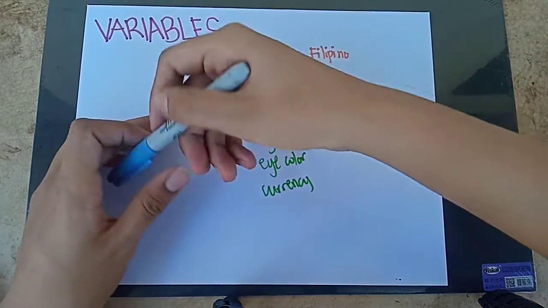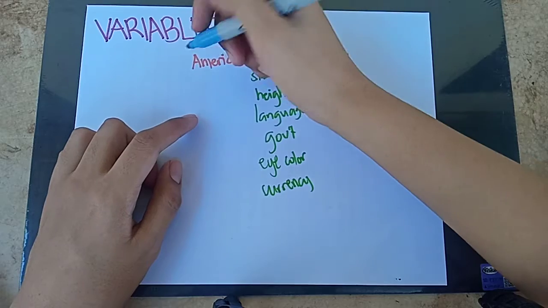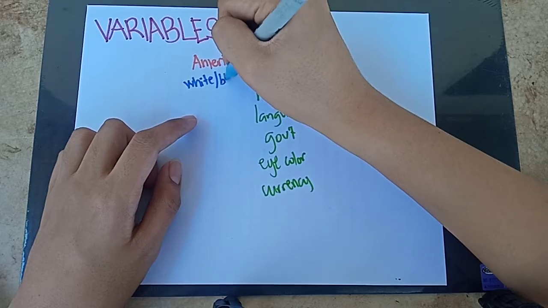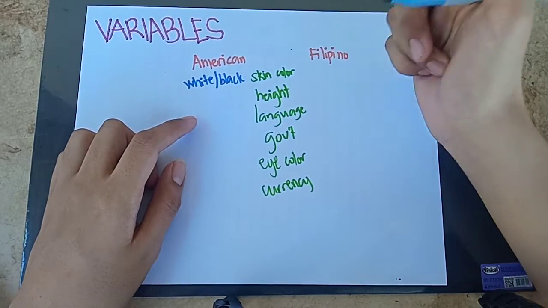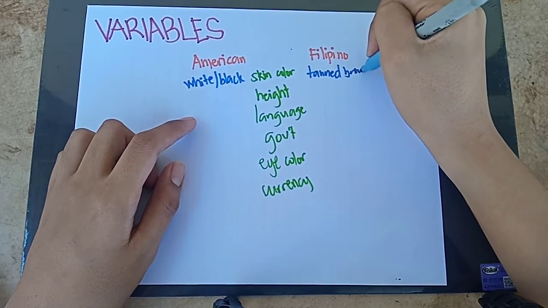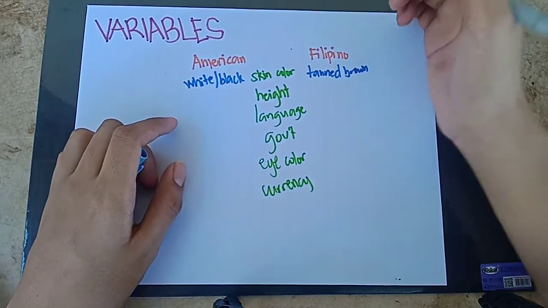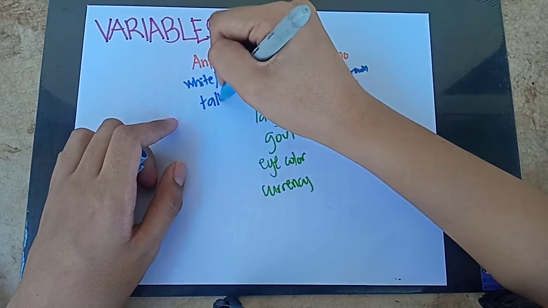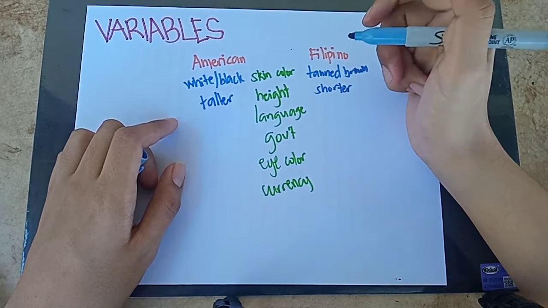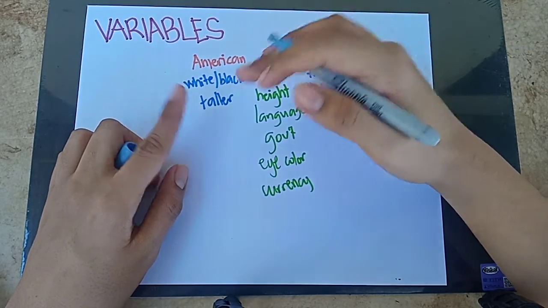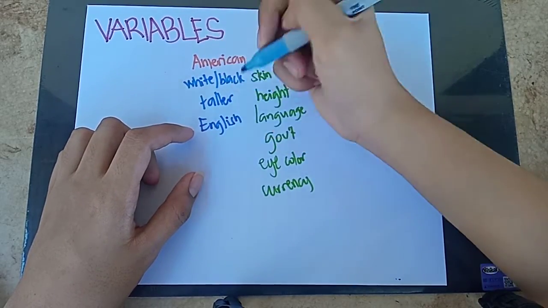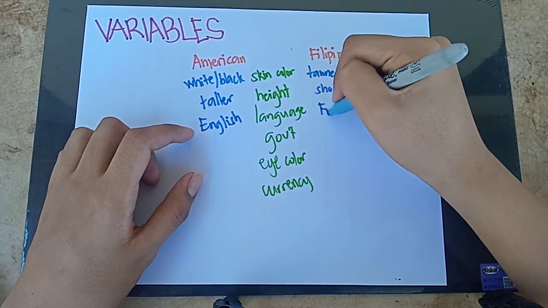So, Americans naturally have two skin colors. They can be white or black, while the skin color of Filipinos is naturally tan brown. In terms of height, Americans are much taller, whereas Filipinos are much shorter. Then, language: Americans use the English language, while Filipinos use the Filipino language, of course.